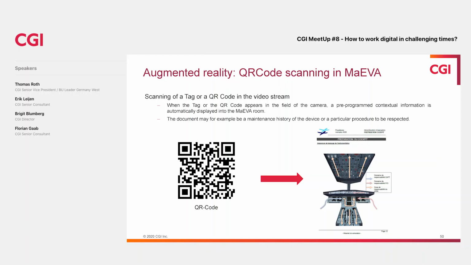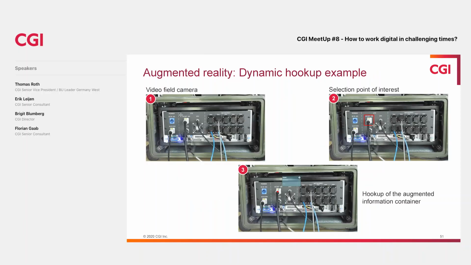If you see a QR code on your screen, maybe somewhere in the manufacturing hall, you can easily click on detect QR code, and the link is opened, or this file is imported into your MaEVA meeting. This is one of the AR features MaEVA has.